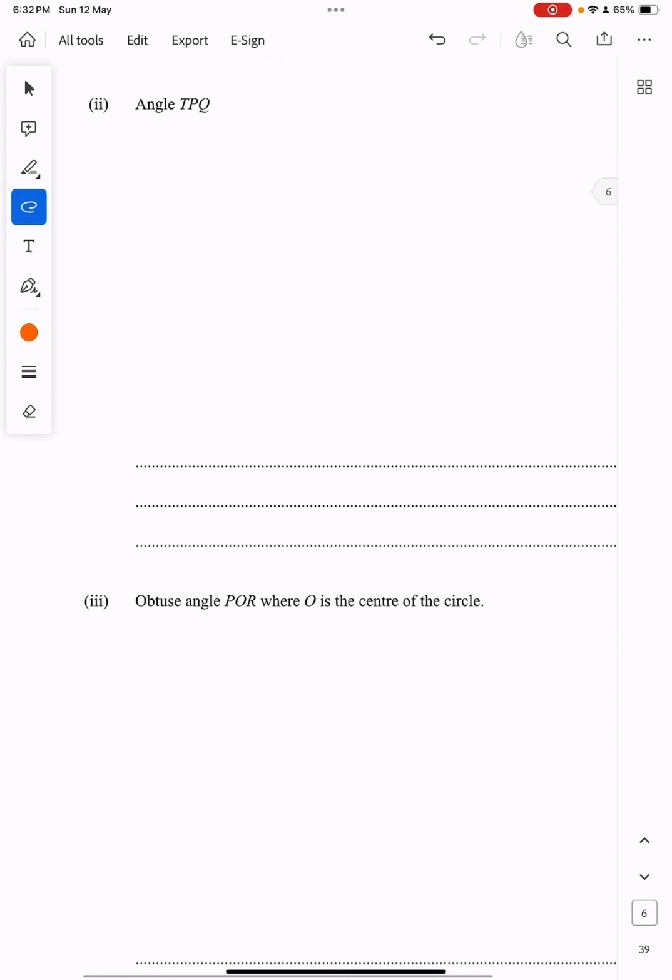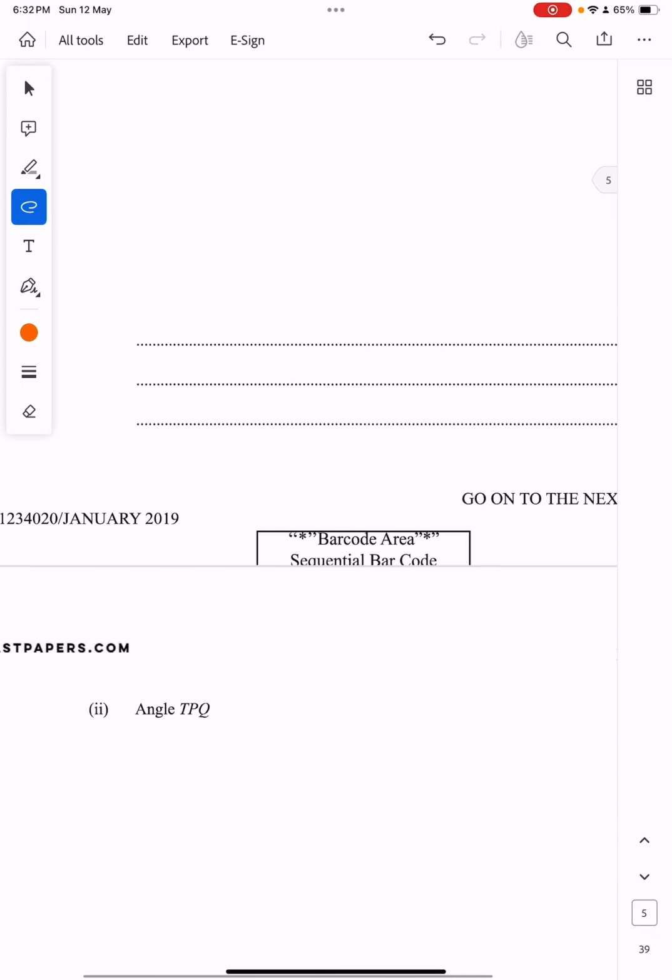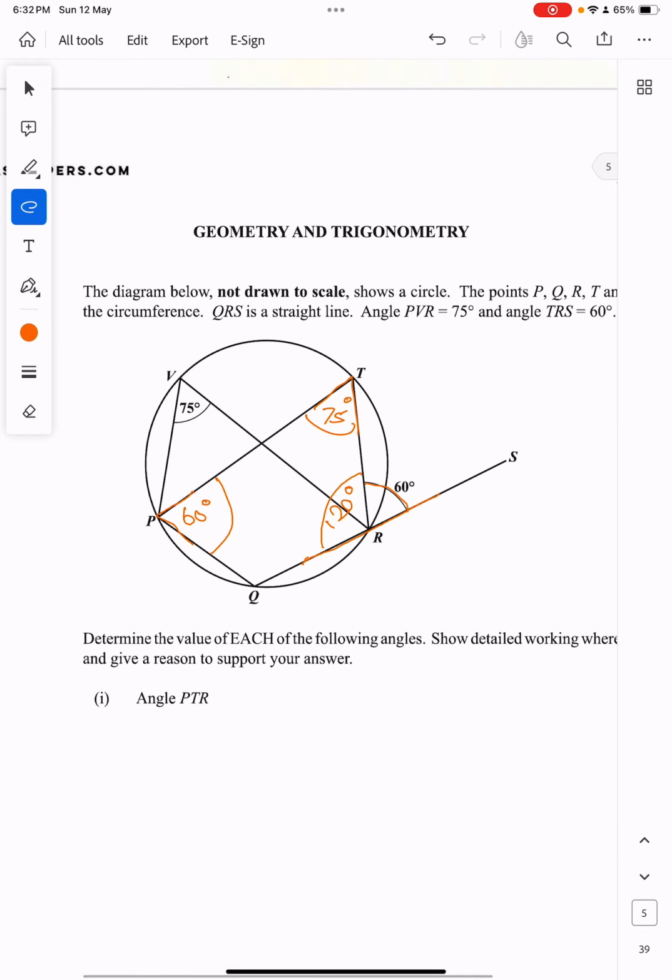Next, we're being asked to find the obtuse angle POR, where O is the center of the circle. Now this wasn't shown in the diagram, but I'm going to draw it in.